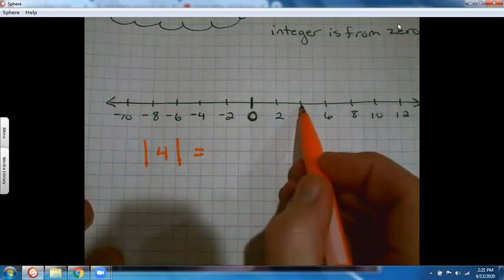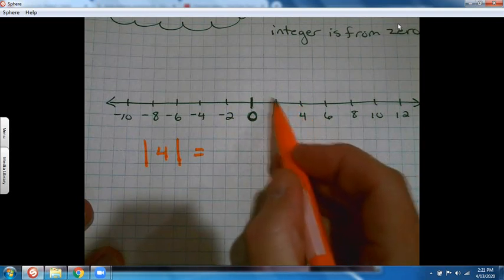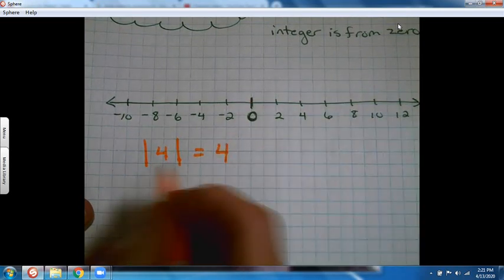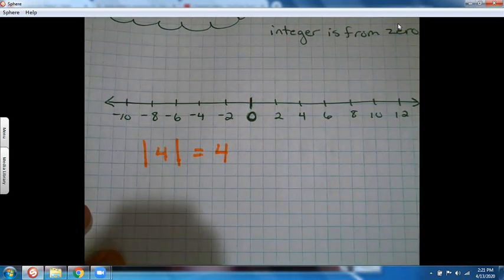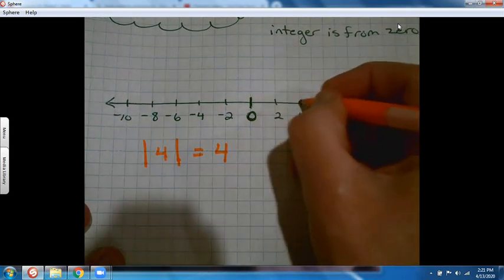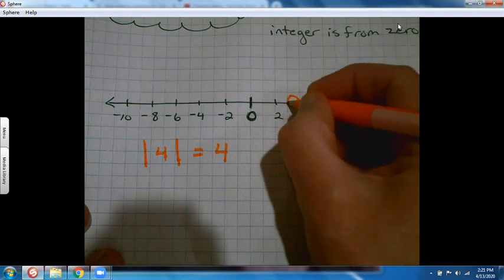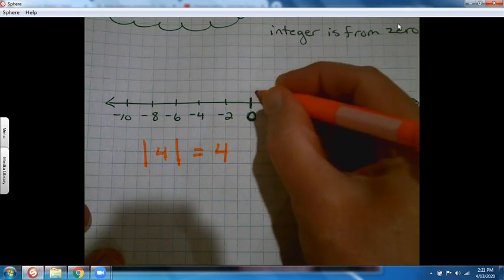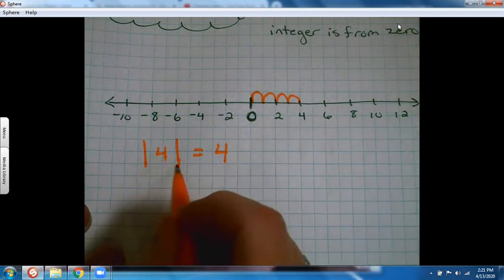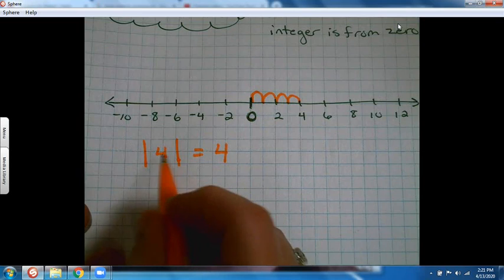How far is 4 from 0? 1, 2, 3, 4. So the absolute value of 4 is 4. Did everybody see that? So let me try that again. They want to know the absolute value of this number. So how far is it from 0? 1, 2, 3, 4. It's 4. So the absolute value of 4 is 4.